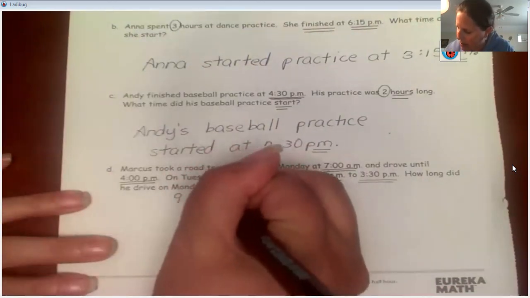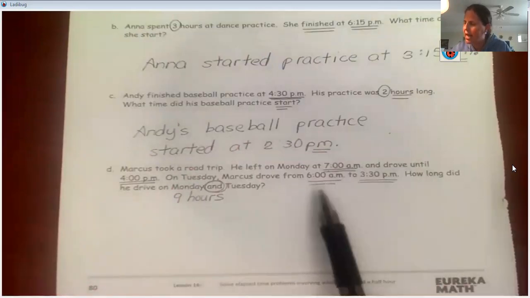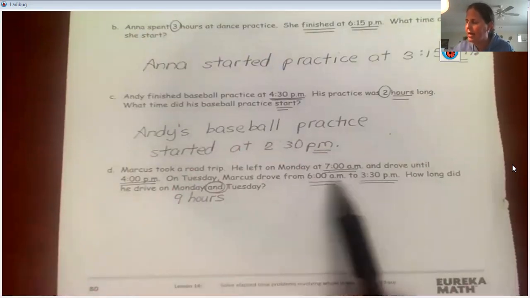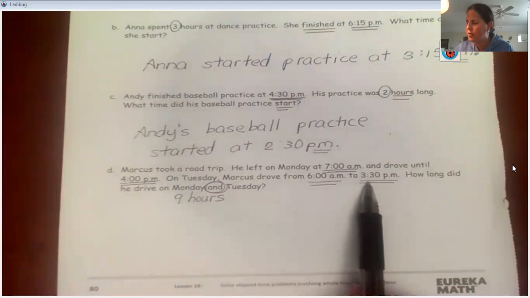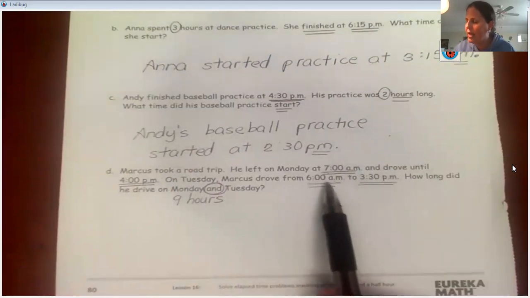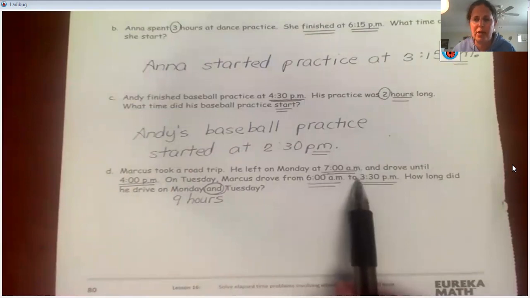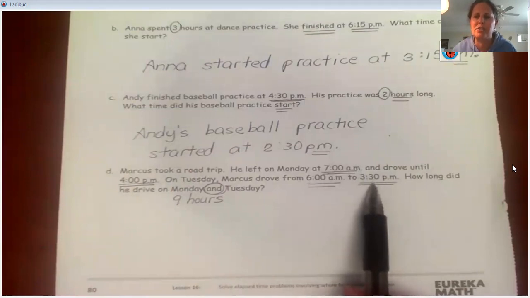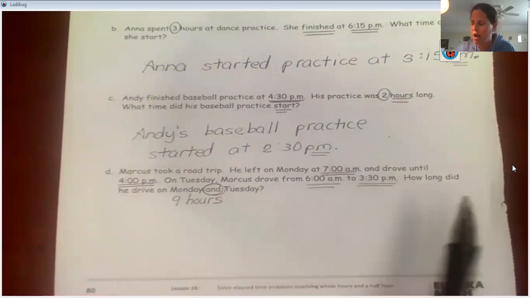I'm going to write that here. Okay, on Tuesday, he left at 6 o'clock a.m. and finished at 3:30 p.m. So what I'm going to want to do is count the hours from 6 o'clock to 3 o'clock, and then I'll add that extra 30 minutes or half an hour on.